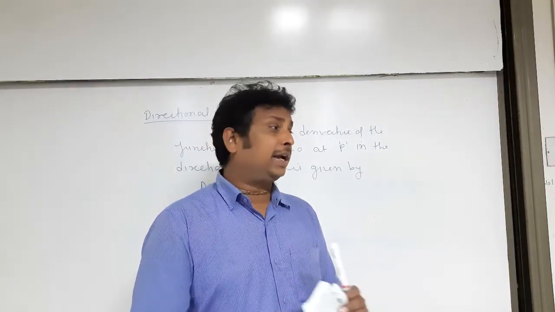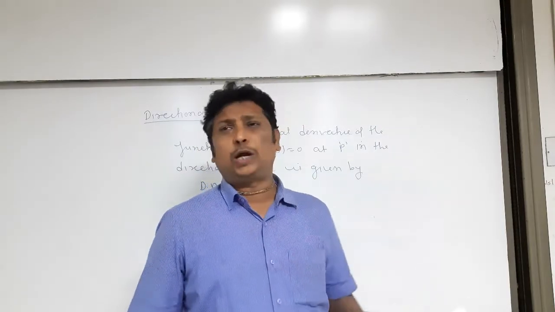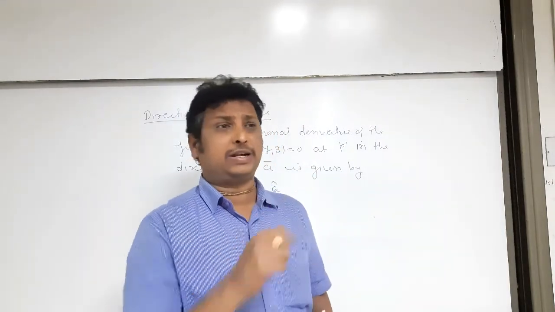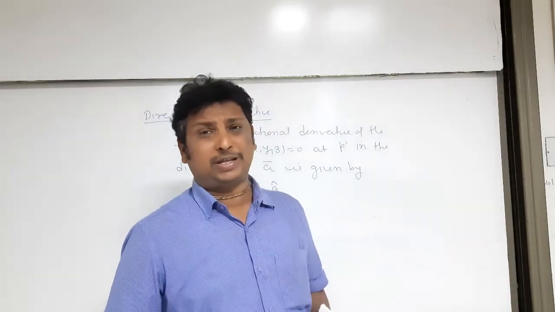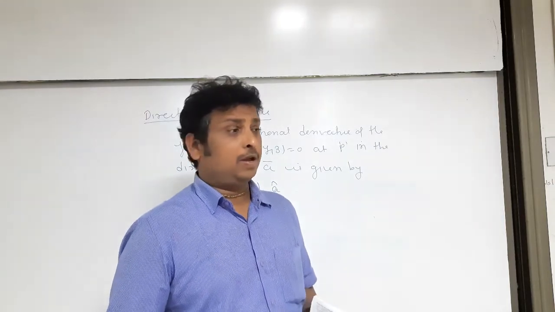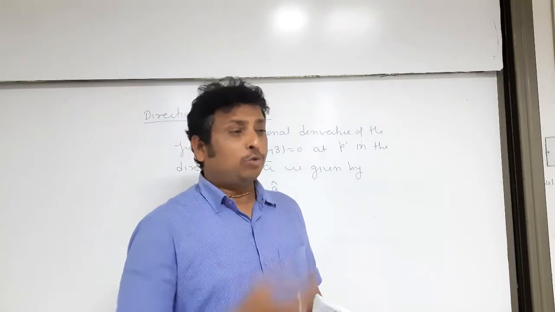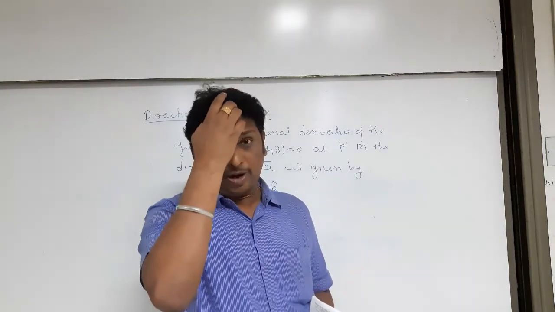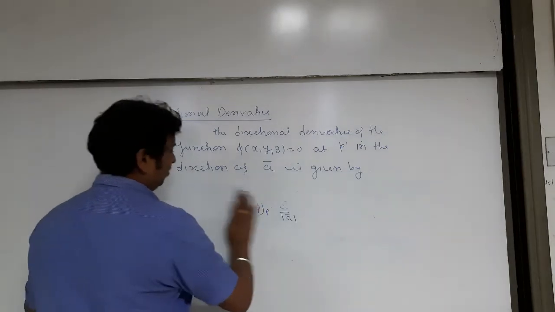Sometimes they ask for making equal angles with the axes, so just take i plus j plus k upon root 3. Then alpha, beta, gamma are all equal. So please take care of the direction. Direction is important. I'm going to do one simple question here.